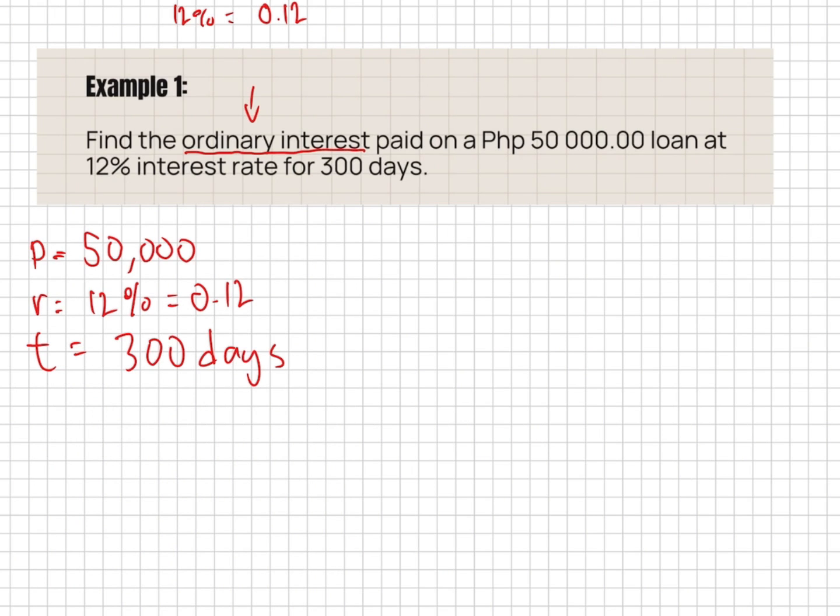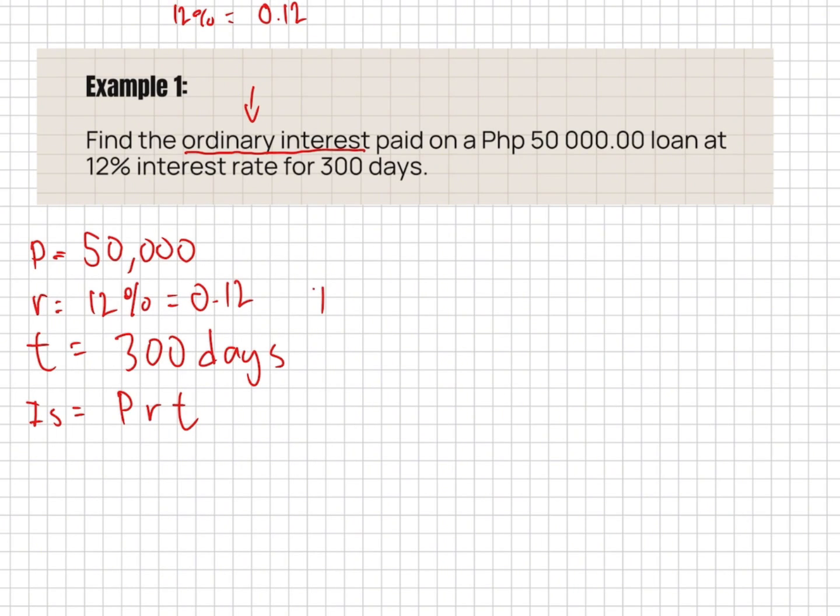So remember our formula, which is simple interest is equal to principal amount multiplied by rate and multiplied by time. So now let's try and solve the problem.